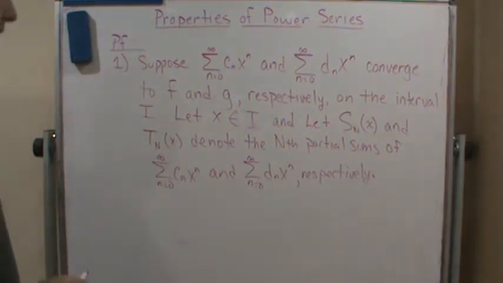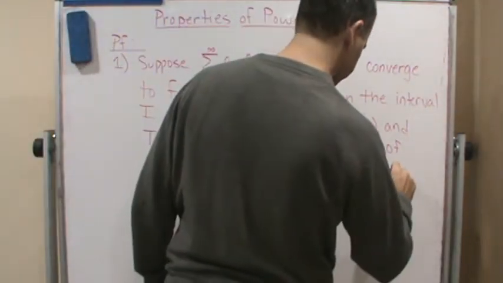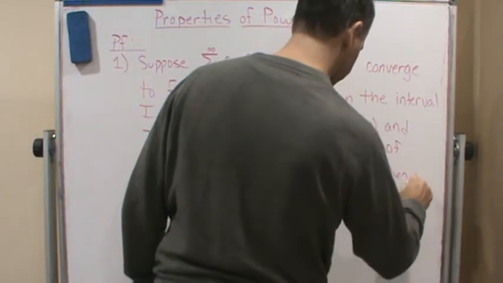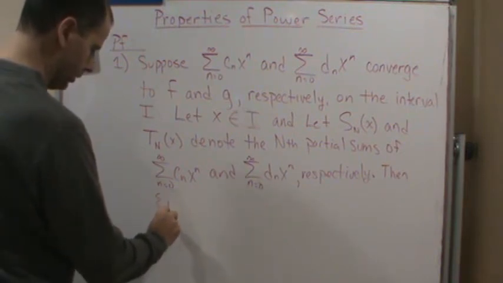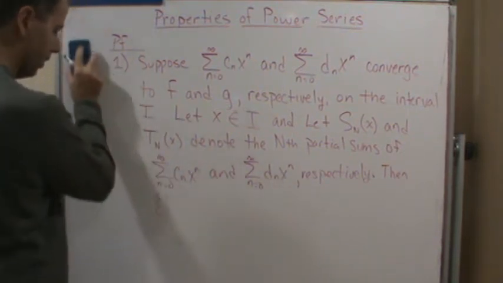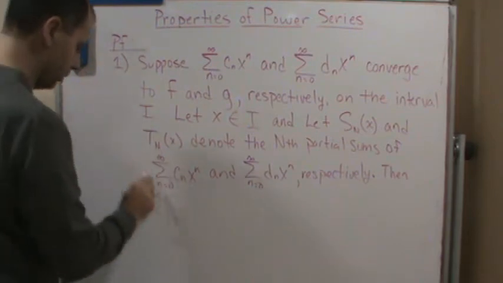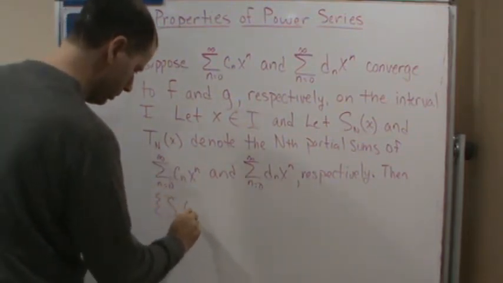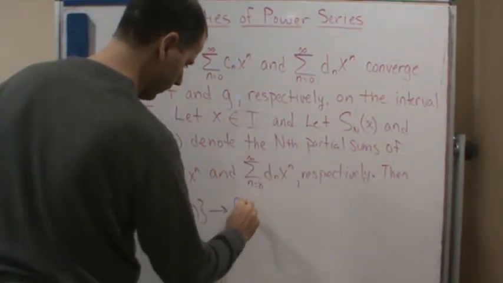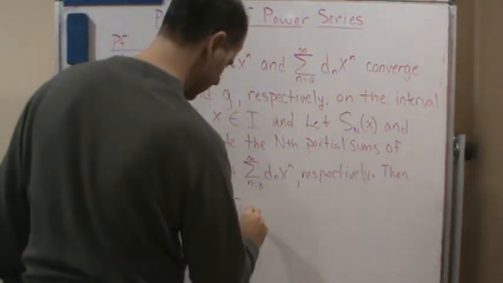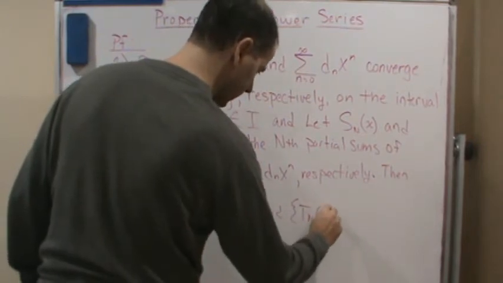Based on this, we know that the sequence of s sub capital N of x converges to f of x, and the sequence of t sub capital N of x converges to g of x.